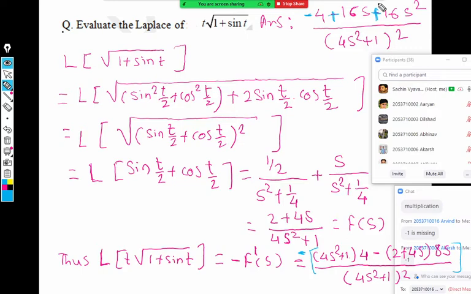Again, I am telling this: generally we focus on the quotient rule and forget to write that outside minus sign. That minus sign is of the formula. This minus sign is of the property only. So the final answer should be 16s square plus 16s minus 4, divided by 4s square plus 1 bracket square.